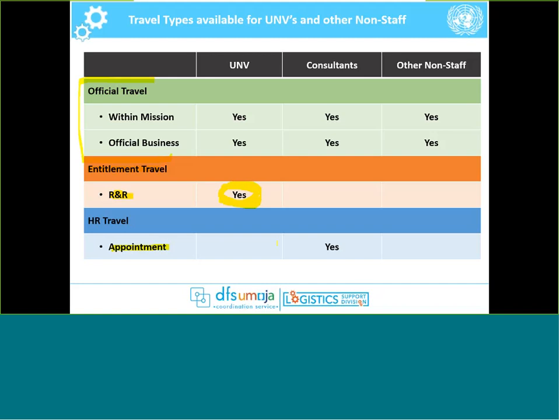And for appointment, you might receive appointment travel requests coming from consultants, because consultants might also be entitled to travel, and they might also be entitled to a ticket when they are appointed.